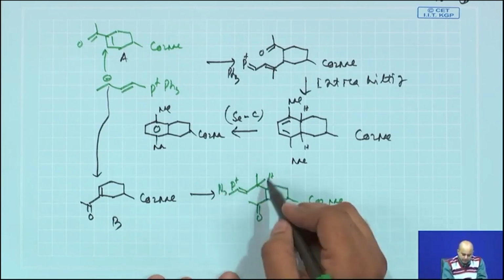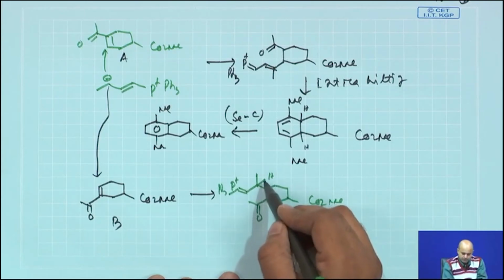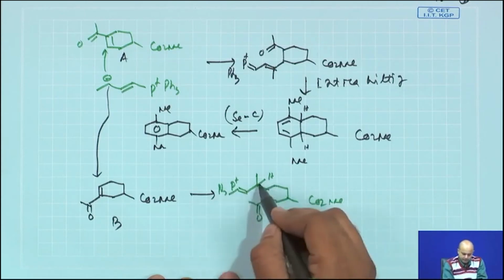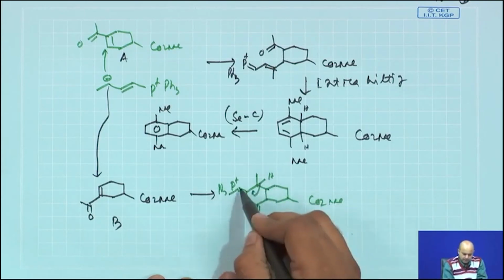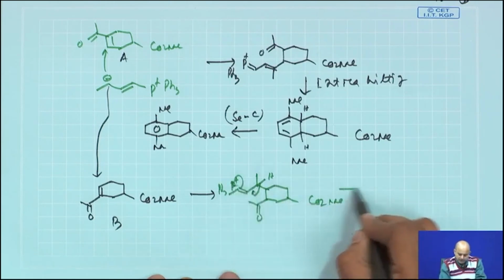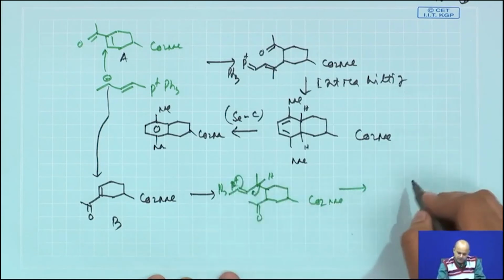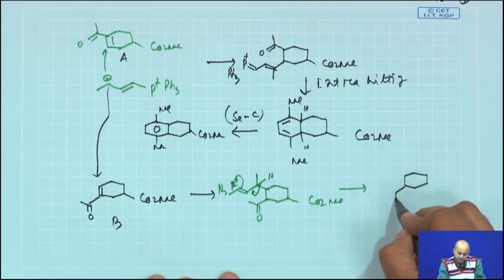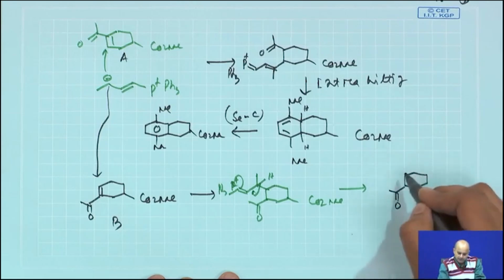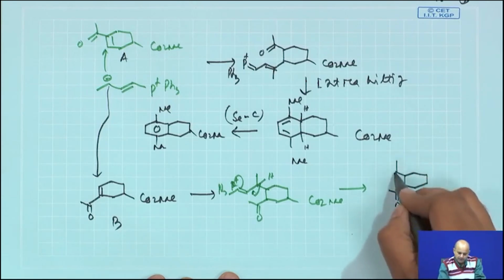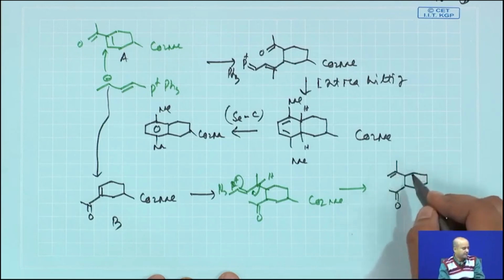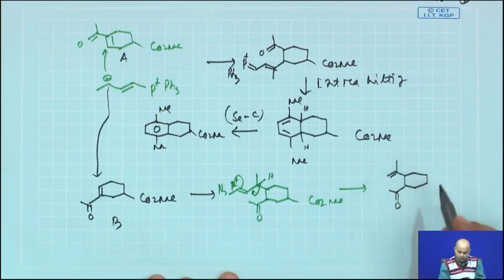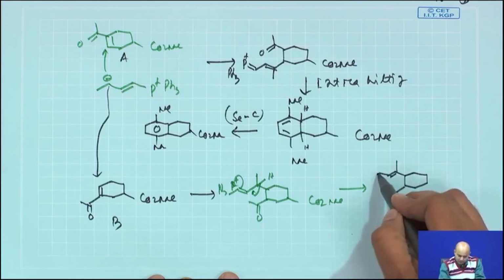Now, here initially what happened, this hydrogen seems to be acidic. So this will put a negative charge, so that the Wittig reaction can effectively take place. So, you basically put a double bond here, and then you formulate the Wittig part.